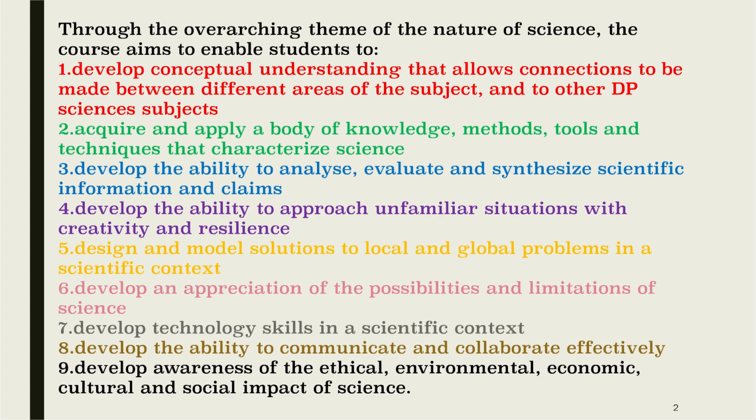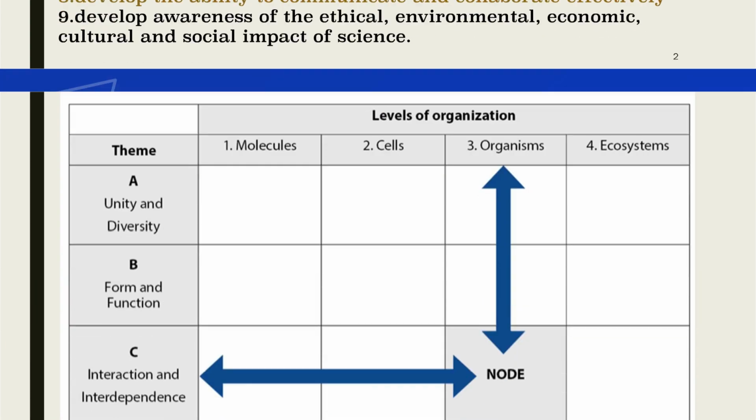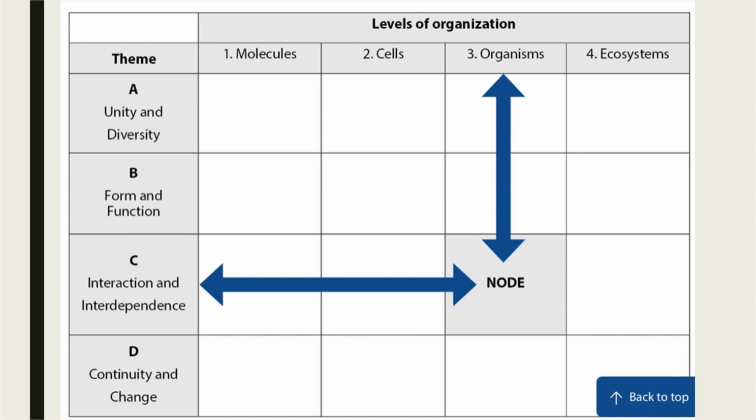When we're looking at the biology curriculum for 2023, we see that it is built on four broad organizing themes: theme A, theme B, theme C, and theme D, which each comprise two concepts, such as unity and diversity, form and function, interaction and interdependence, continuity and change.